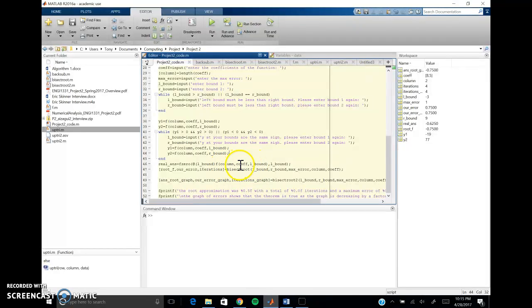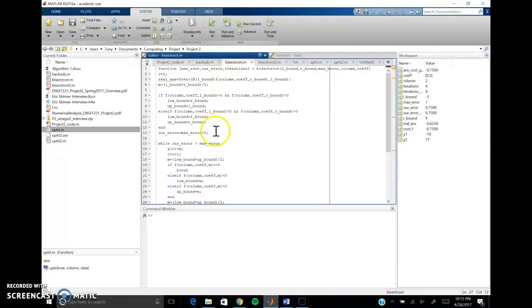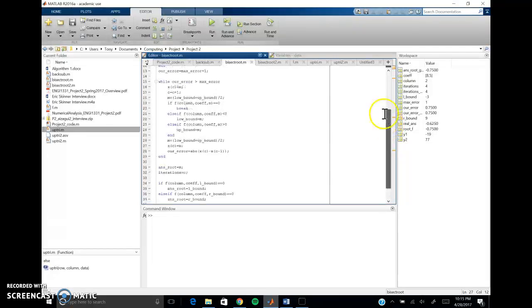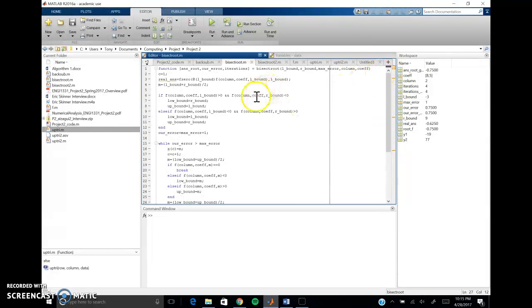You're going to input the number that your f gives you at your left bound, and send it to your bisect root, which is essentially all these lines of code. Well, it's not much, but these are going to give you your zero.